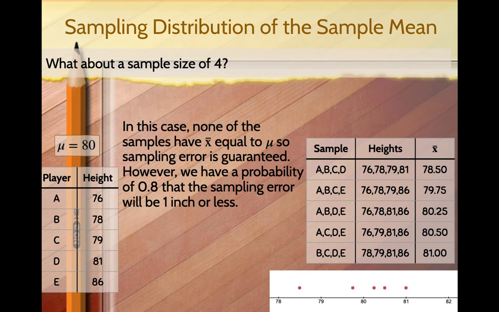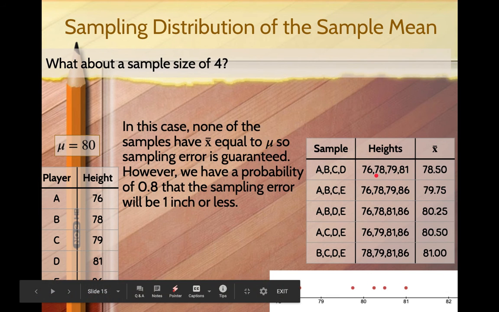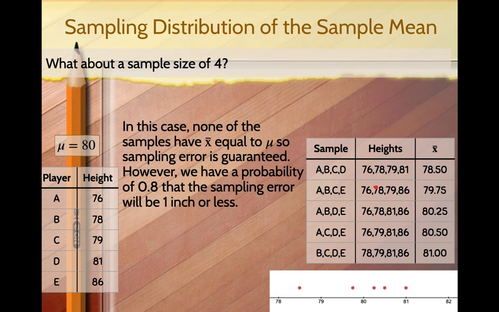So we're going to do this again with a different sample size. We're going to look at a sample size of 4. If we pick a sample size of 4, there are only 5 possibilities. If I look at the means from those 5 possible samples, I get the following chart and dot plot. Again, if I'm looking at within 1 inch of the actual mean, none of those samples has the mean value of 80, which is what the population is.